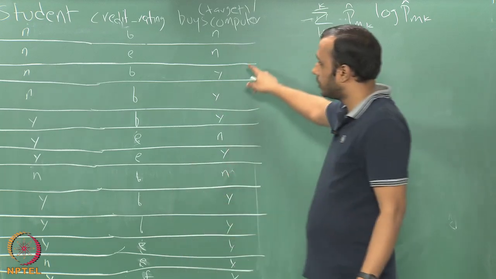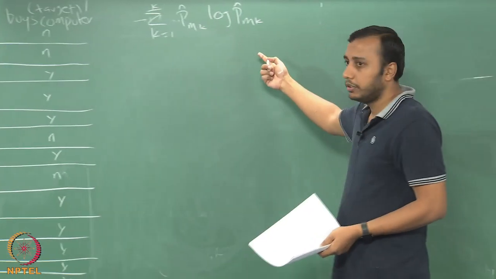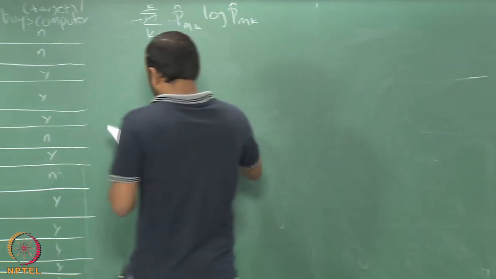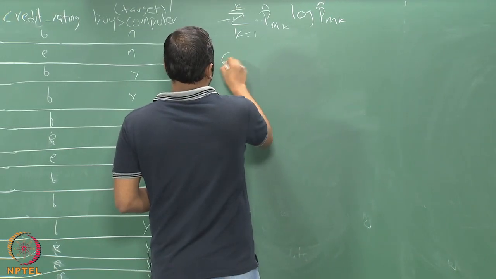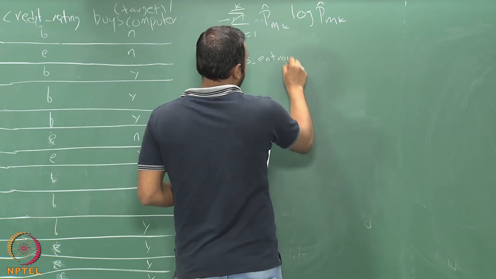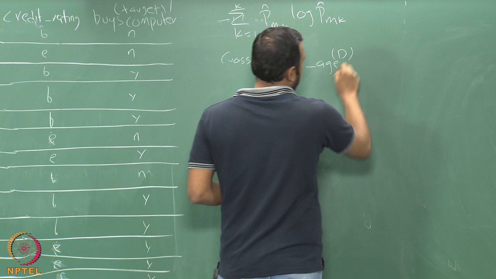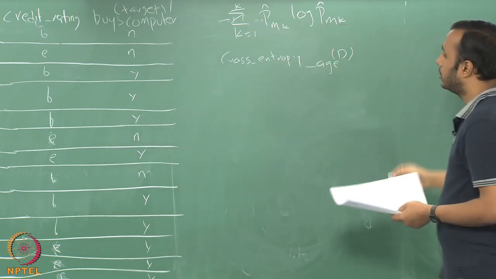So we have 3 no's and 2 yes, right? Now we just apply this formula. We're calculating cross entropy for the variable age for this data set.